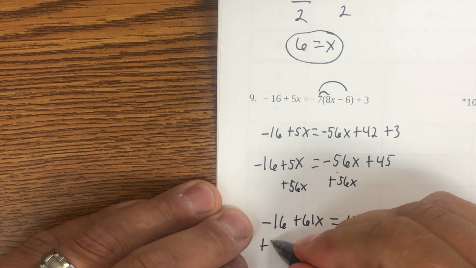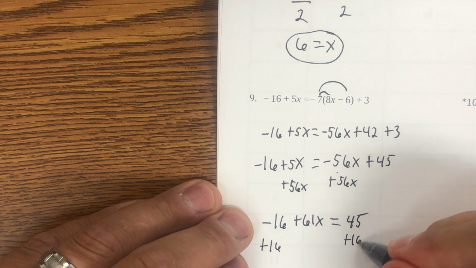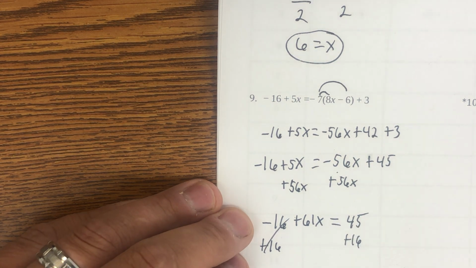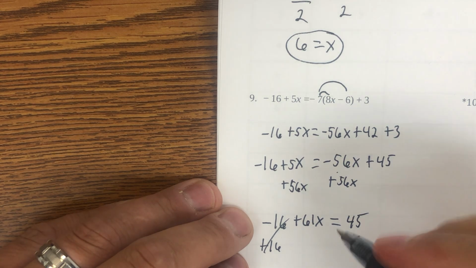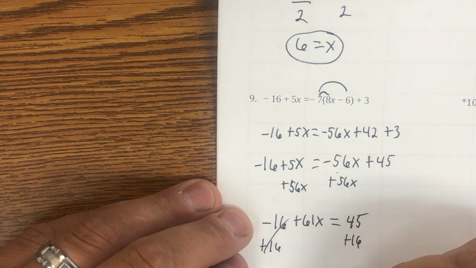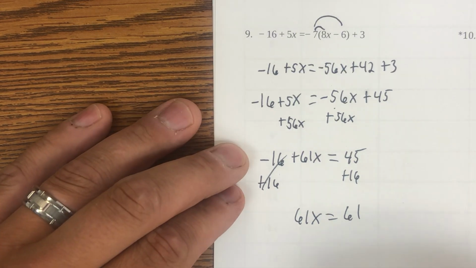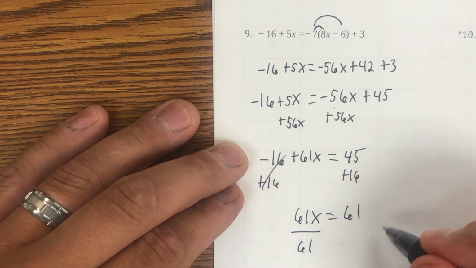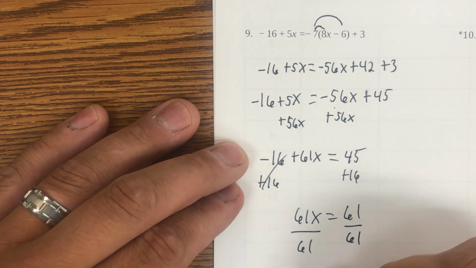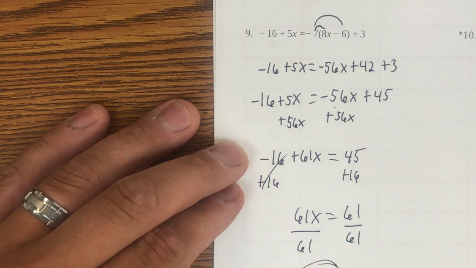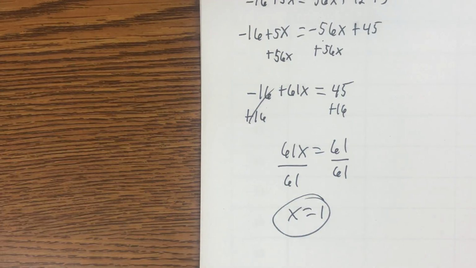And then I add 16 to both sides. And 45 plus 16 is 61. So I have 61x equals 61. And we'll divide both sides by 61 to isolate the x, and x is equal to 1. So it turned out to be a pretty nice number there at the end.